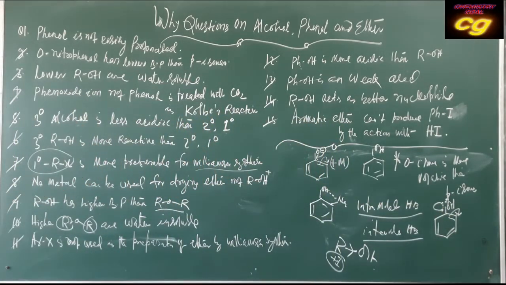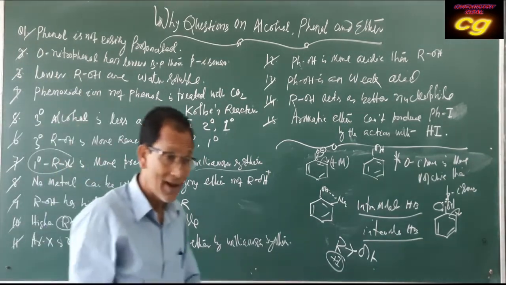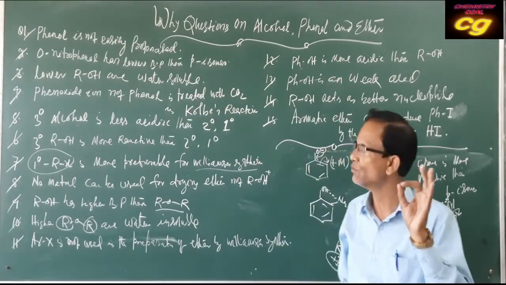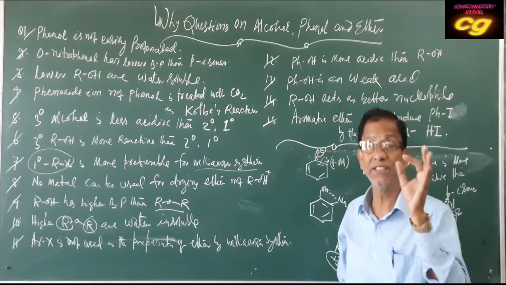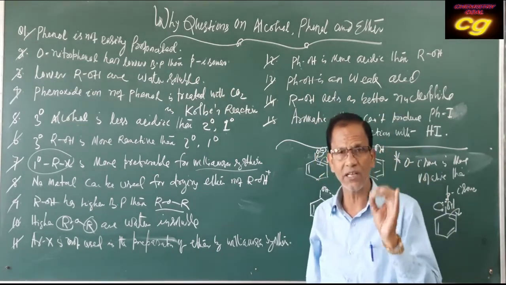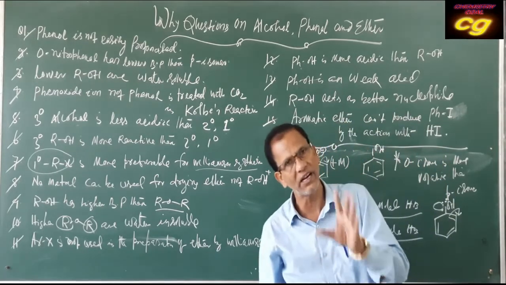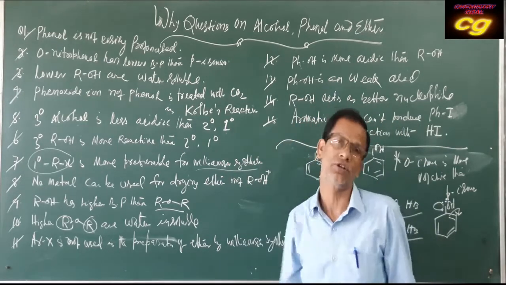So these are some important questions of alcohol, phenol and ether. Try to understand the question fast. When reading the question, read carefully and try to understand what is asked. When you are writing the answer, don't write more; write briefly and to the point. Whenever a structure is required, draw the structure clearly.